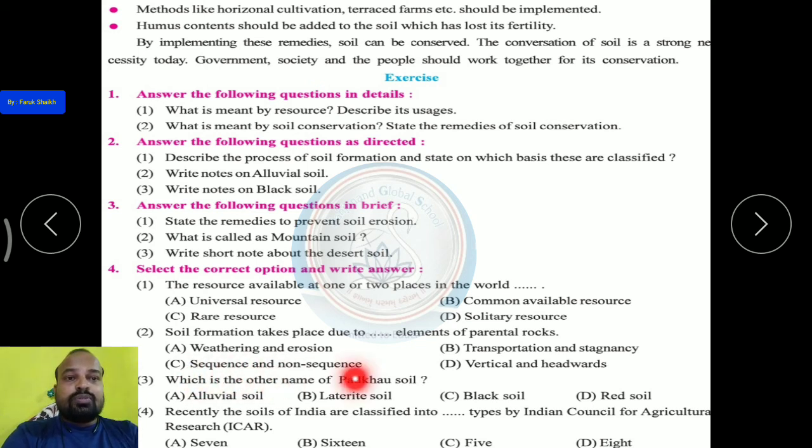Which is the other name of the Padkhau soil? Laterite soil's other name is Padkhau soil. Recently, the soils of India were classified by the Indian Council of Agricultural Research. So how many? There are a total of 8.